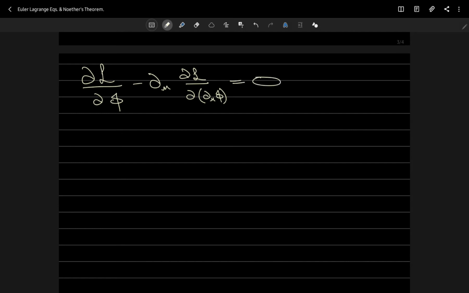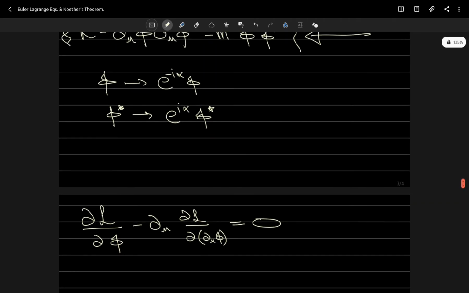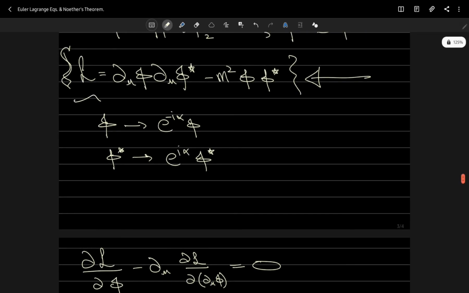But you have to note here that we are now considering a complex field, and we have a Lagrangian for the complex field. For a complex field, we have two independent degrees of freedom. That simply means that you would not have one Euler Lagrange equation of motion, but instead you would have two.